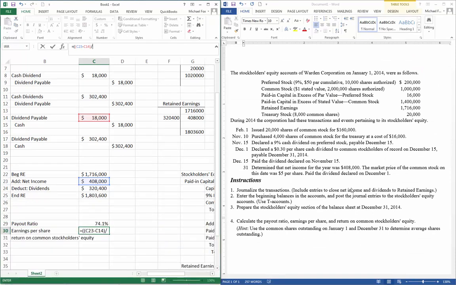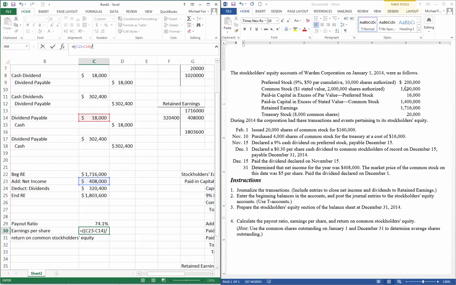All right, so our stockholders' equity at the beginning of the period will be our $1 million in common stock, plus our $1.4 million in excess paid-in capital on the common stock, plus our retained earnings. So that's the common stockholders' equity, and then minus the $20,000 in treasury stock. We don't want to add in the preferred stock.